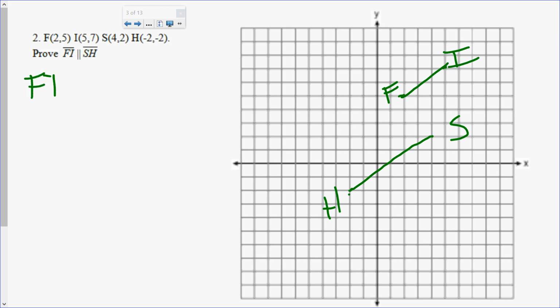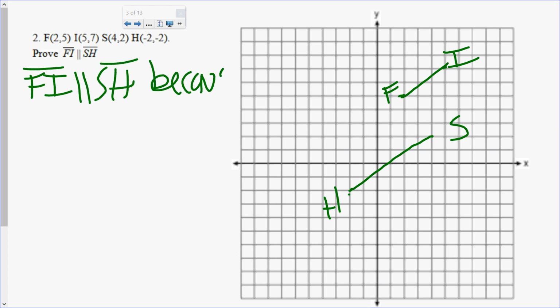So I'm going to start by writing FI is parallel to SH because I want you to finish that sentence. Use number 1 as a model. How do you prove segments are parallel? What do you need to know about parallel lines? Finish that sentence. Take about 10 seconds to do that.